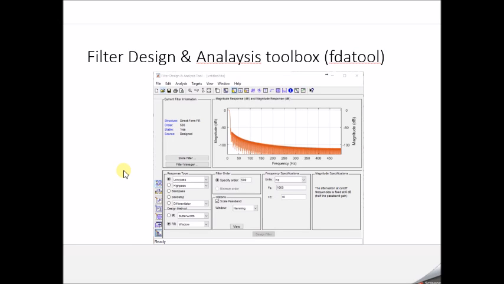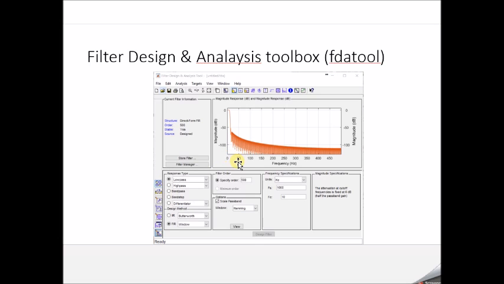And fortunately, MATLAB has a really nice toolbox, the Filter Design and Analysis toolbox, that we'll look at now and also on the homework, that will allow us to visualize the filters in both the time and the frequency domain. So the filter kernel that will be convolved with our signal to get the output, as well as the Fourier transform of that filter kernel, which describes the frequency response of that filter.